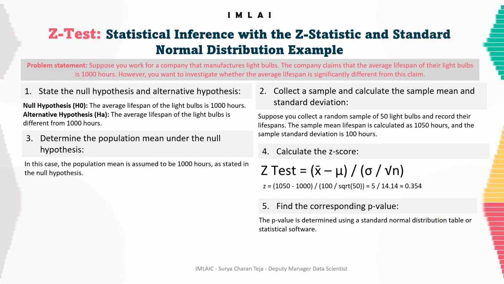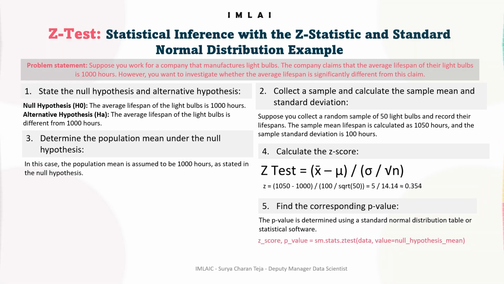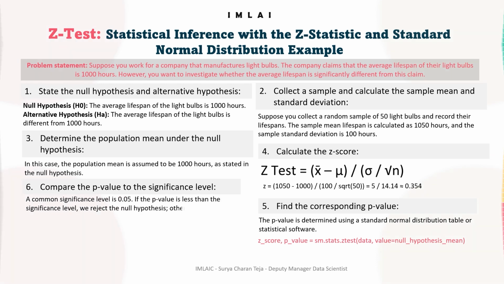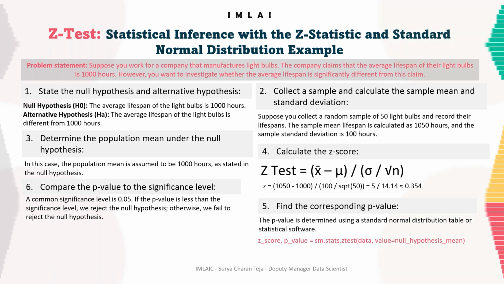So now you have calculated the p-value. What's next? Now it's time to compare the p-value to the significance level. The significance level, usually denoted as alpha, is predetermined and represents the threshold for deciding whether to reject the null hypothesis.